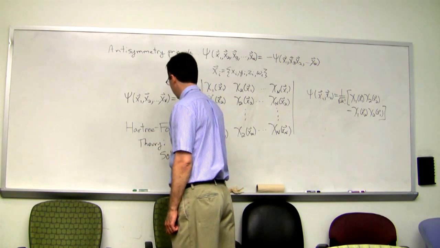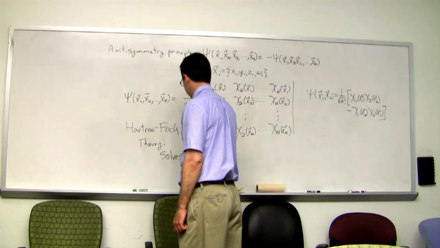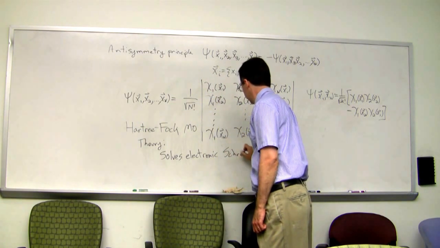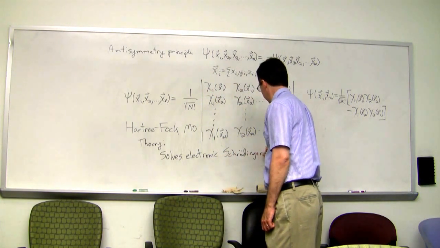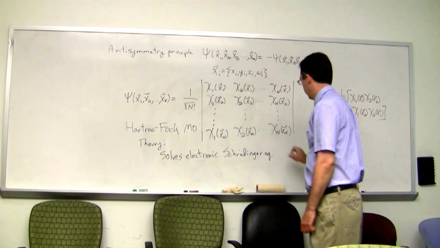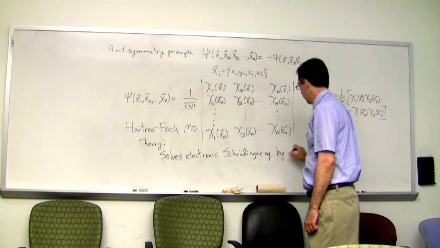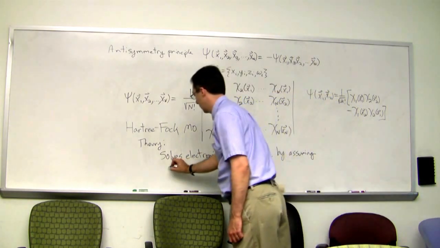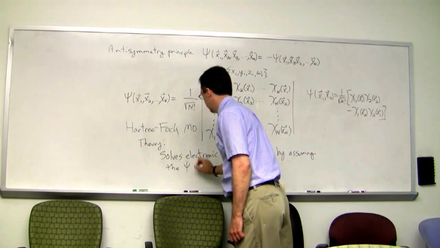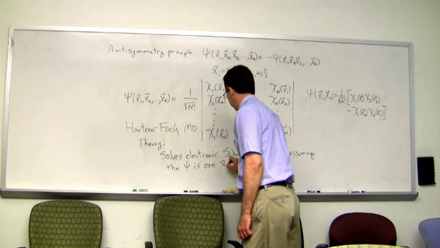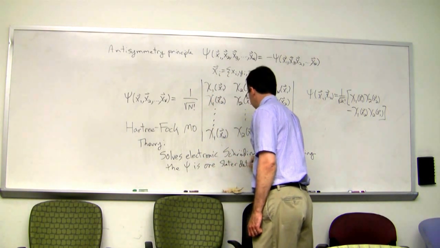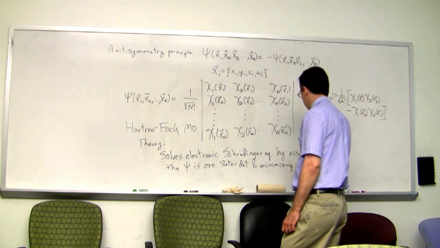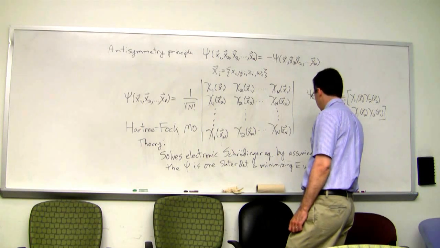solves the electronic Schrödinger equation by assuming the wave function is one Slater determinant and minimizing the energy with respect to the orbitals.